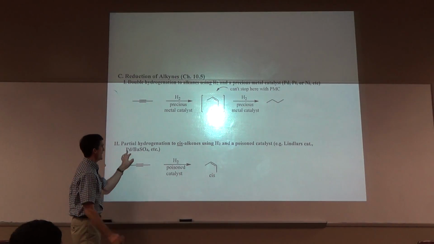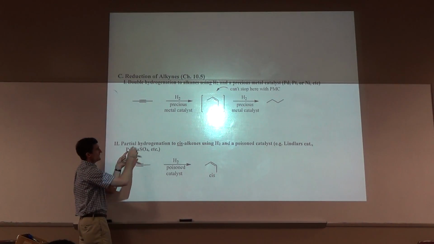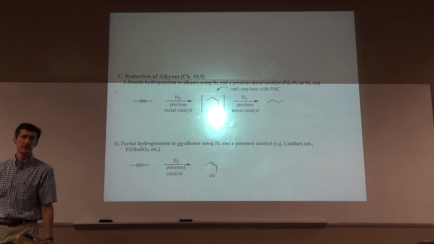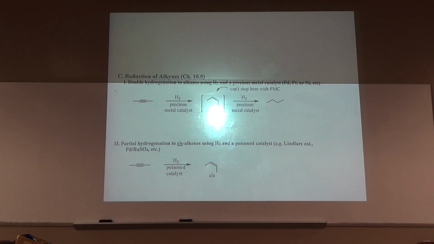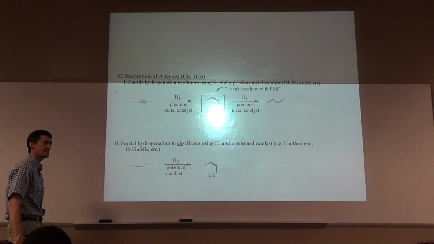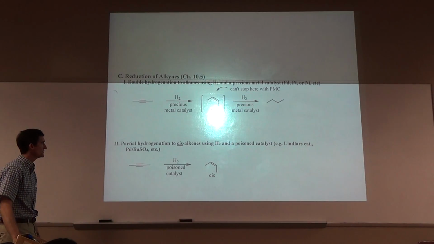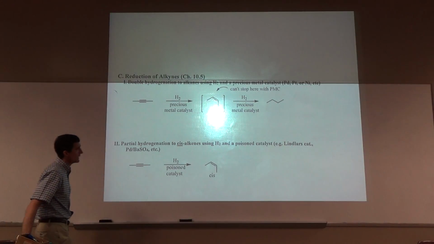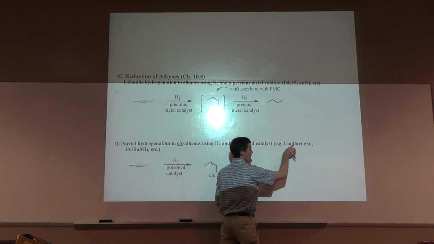Poison catalyst. Here's an example. You take palladium and you add like barium sulfate to it, or like lead sulfate. And sometimes these metals will poison the catalyst. Mechanistically, how does that do that? That's a little bit beyond what we can explain here. But they do that. Lindlar's catalyst is a poison catalyst.